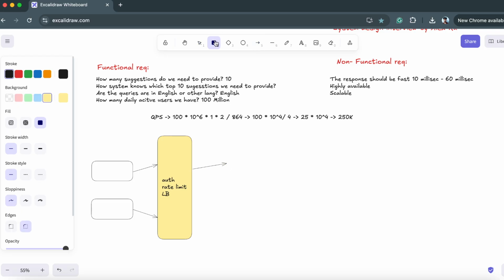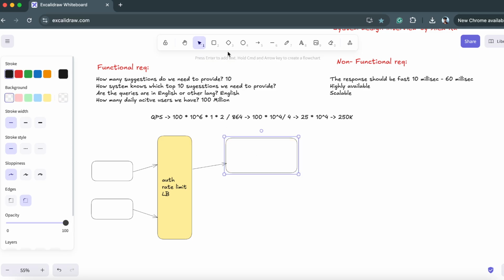So this is our query service, and whenever a user makes any queries, the load balancer basically sends the query to the servers. Of course, we have to use multiple servers.